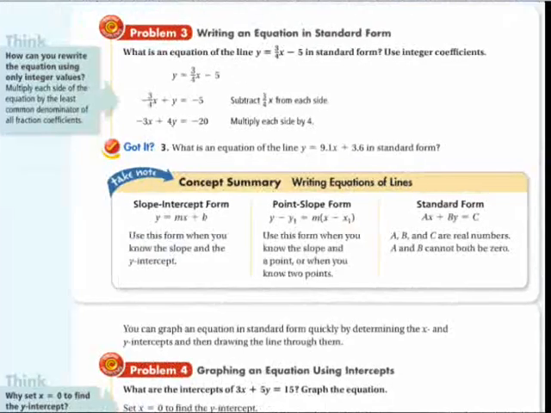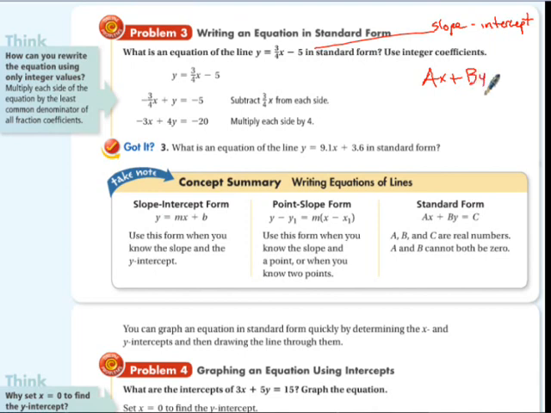So let's take a look here. What we have to do sometimes is transform this, which is given to us in slope-intercept form. That's slope-intercept. And we need to transform it to standard form. So we have to be able to manipulate the equation. We know that we want it ax plus by equals c. So we get the x's and the y's on the left.